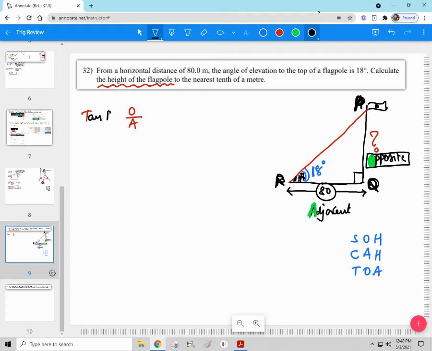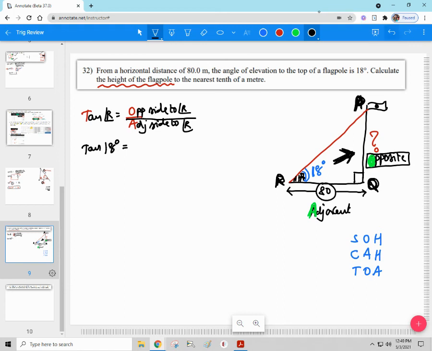So here tan R equals the opposite side to angle R over the adjacent side to angle R. Now, what is the value of tan R? I see that it is 18 degrees. Then what is the opposite side? We don't know the value of this one, right?